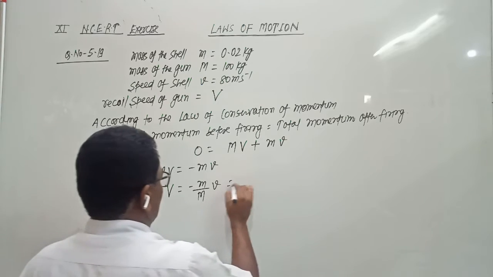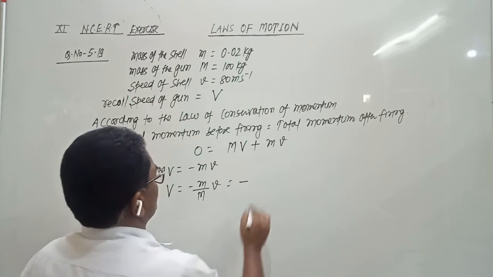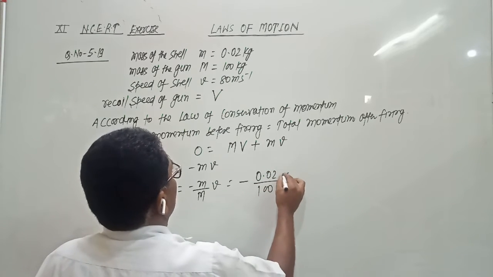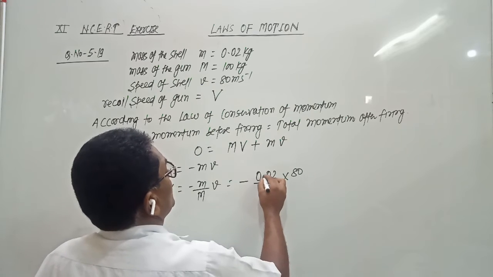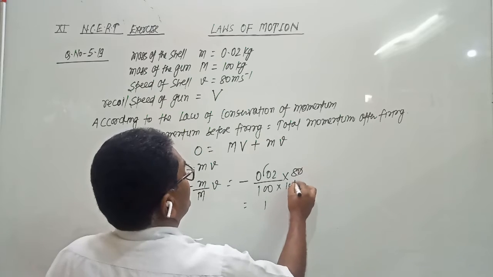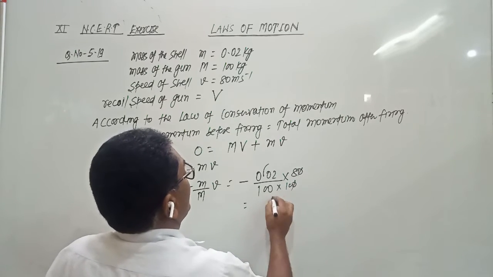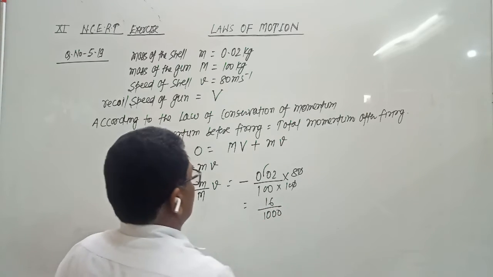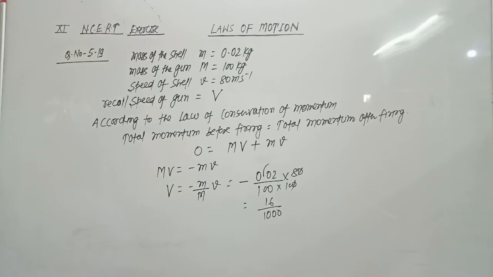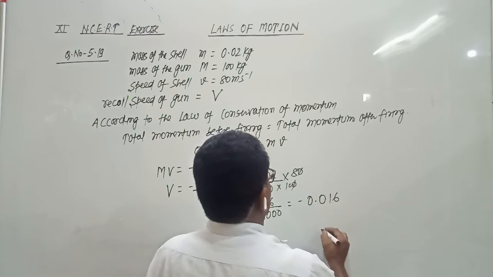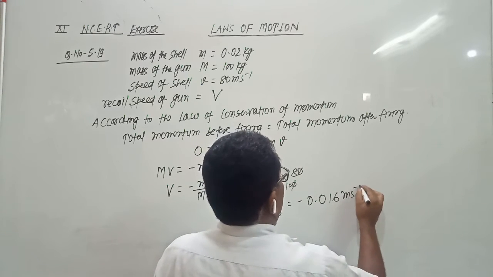Now we put the values: 0.02 upon 100 into 80. We remove the decimal, so the zeros get cancelled, and 8 into 2 is 16 upon 1000, which is 0.016.